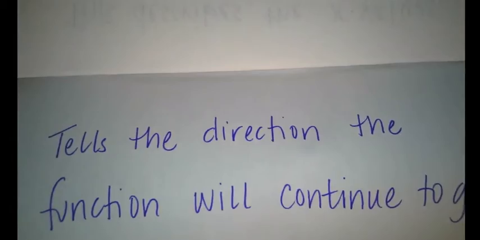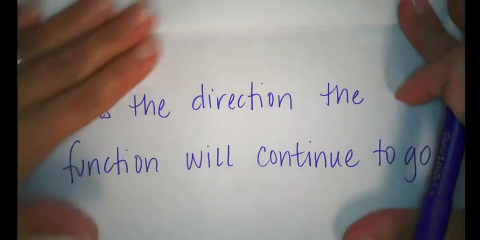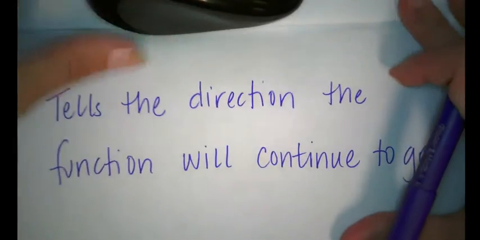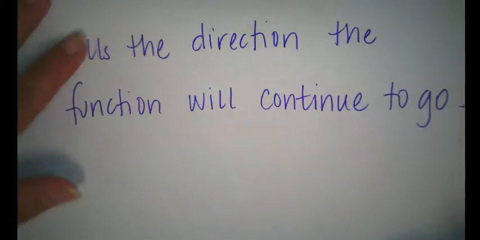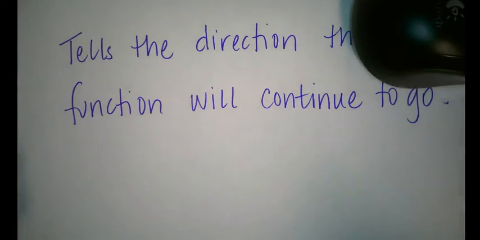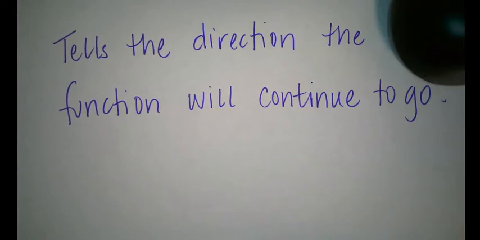I guess my flip chart's kind of heavier on the other side now. So, end behavior is going to tell the direction that the function will continue to go. So basically what happens is that if we, once again, look at the graph, and if I'm going too fast, then just pause the video.